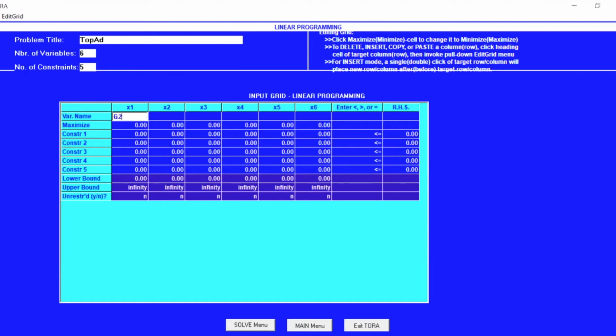Right now we are minimizing G2, which is S2 superscript plus, or in our case, x6. Just spare me for a moment until I plug in the values and we get the result.